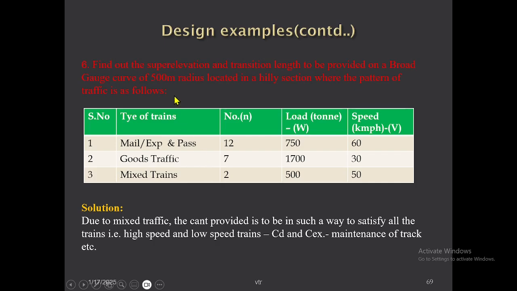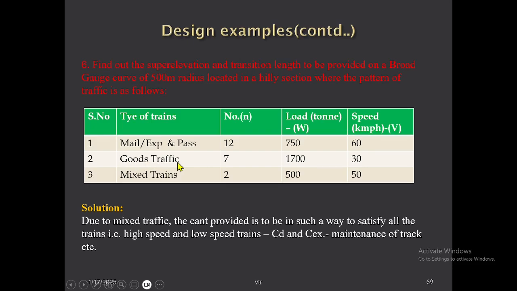In this problem, we've been asked to find out the superelevation and length of transition. The curve is of 500 meter radius, located in a hilly section. This is the pattern of traffic. The first group is mail, express and passenger trains, 12 numbers. The total load hauled by these trains is 750 ton, and the speed of the train group is 60 kmph.